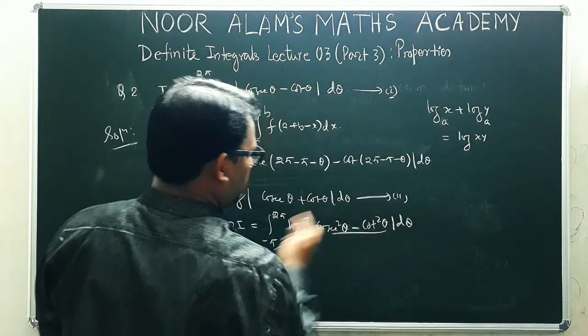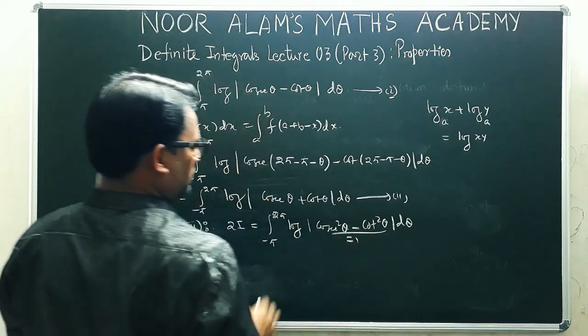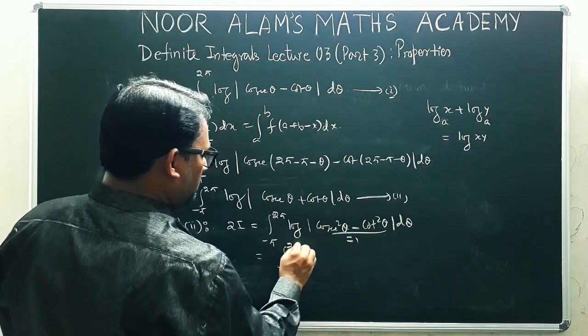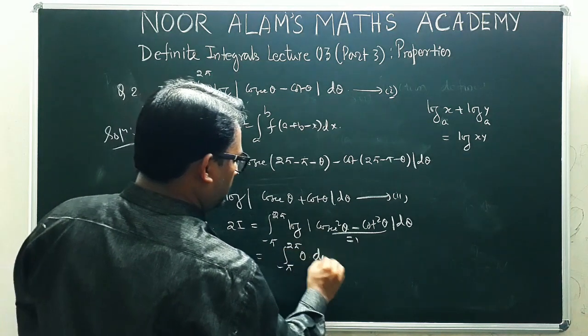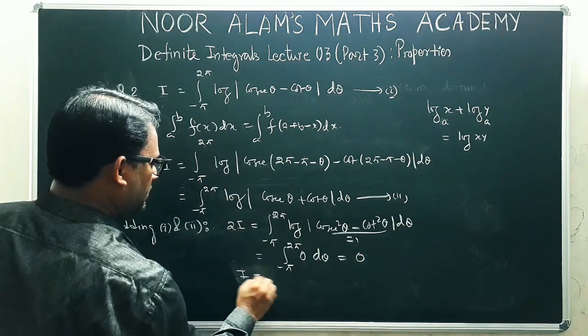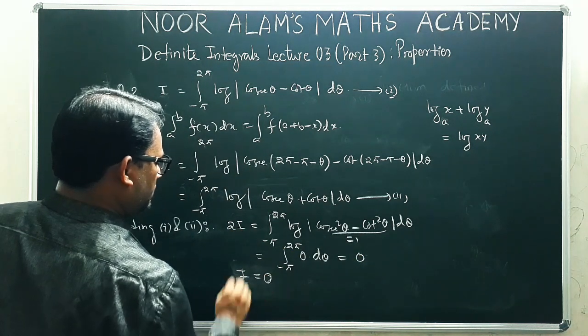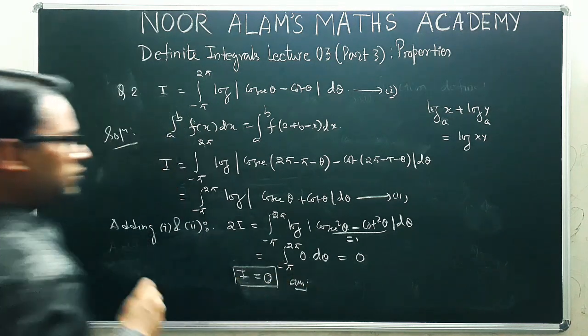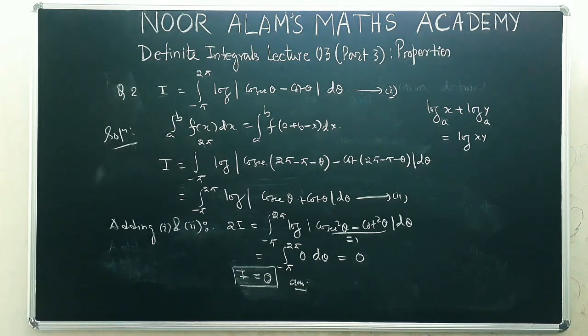We know that this value is 1. So log of 1 is 0, therefore we get the integral of 0 d theta, which is 0. So 2I is 0, I is equal to 0 by 2, so we have 0. This is the answer. Hope all of you understand it.